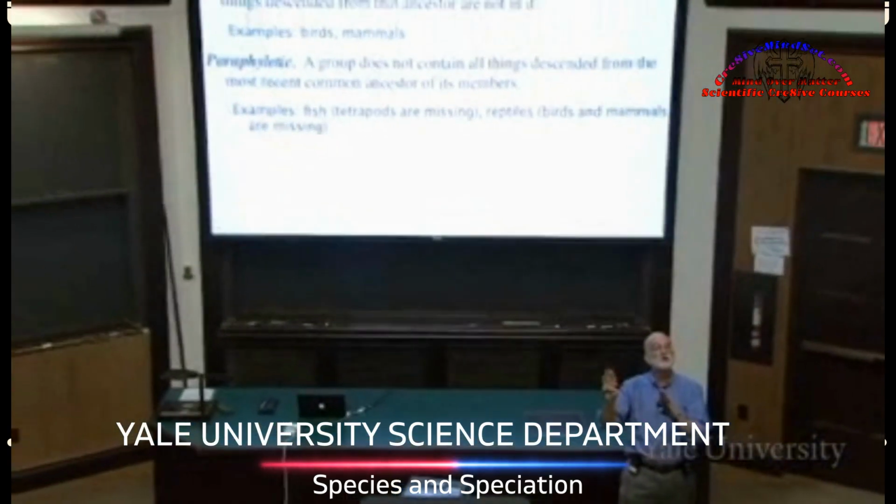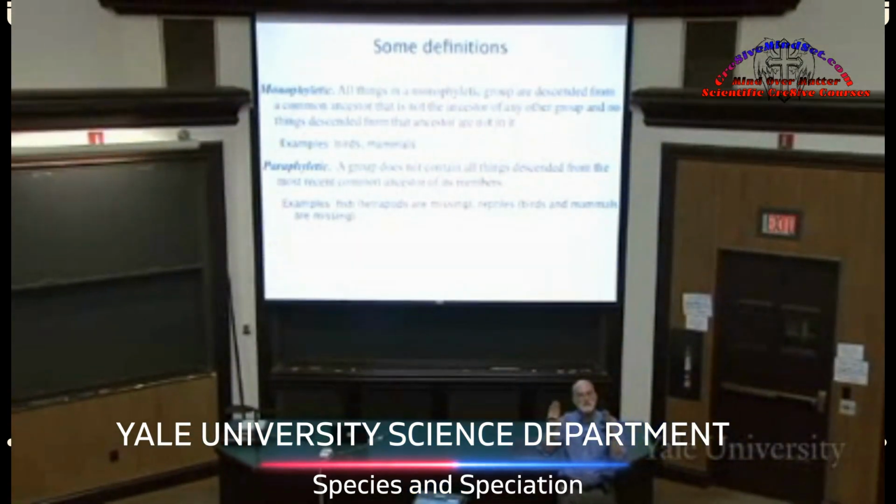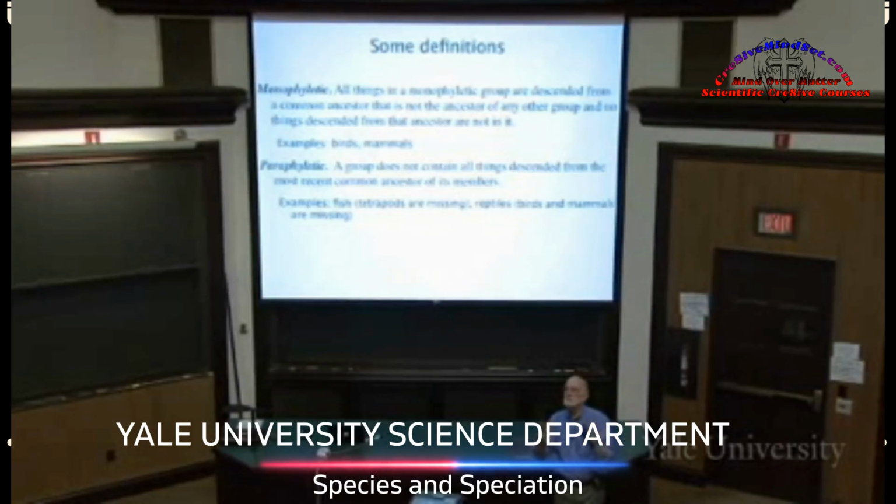So we need a different word to reflect the history of relationship. In the reptiles, the birds and the mammals are missing, okay? So if we say reptile and we want to really refer accurately to a tree of life, a good phylogenetic tree, then that word should actually also mean, oh, we mean the birds and the mammals too.